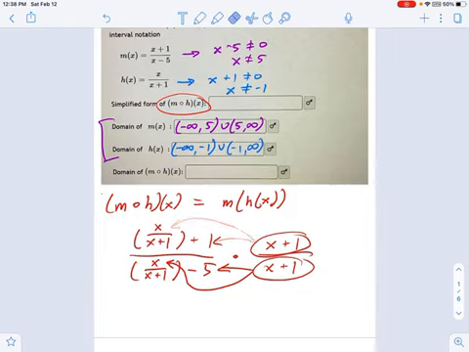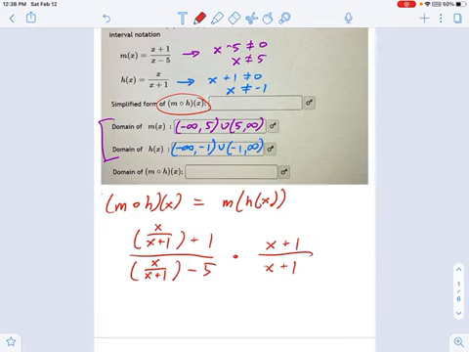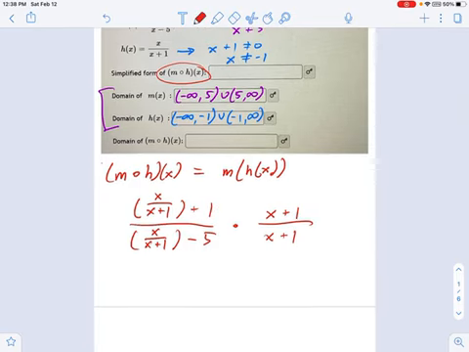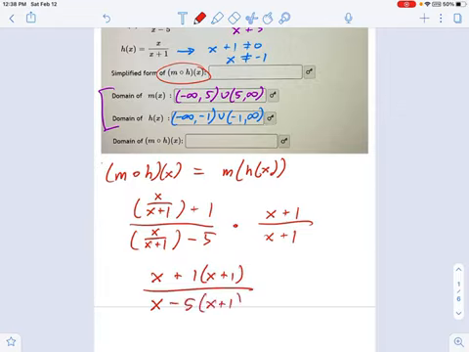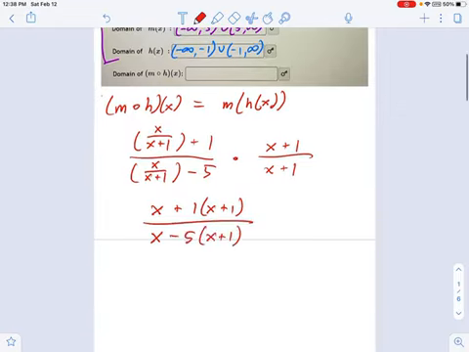All right? Getting a little crowded though, so let's wipe that away and just go ahead and see what we get. On the top left of this fraction, the x plus 1's cancel out. I just have x plus 1 times x plus 1. On the bottom left of the fraction, the x plus 1's cancel out. I just have x minus 5 times x plus 1 on the bottom right. So what do we get from that? That is going to be x plus 1 over x minus 5x minus 5. Watch that minus sign.